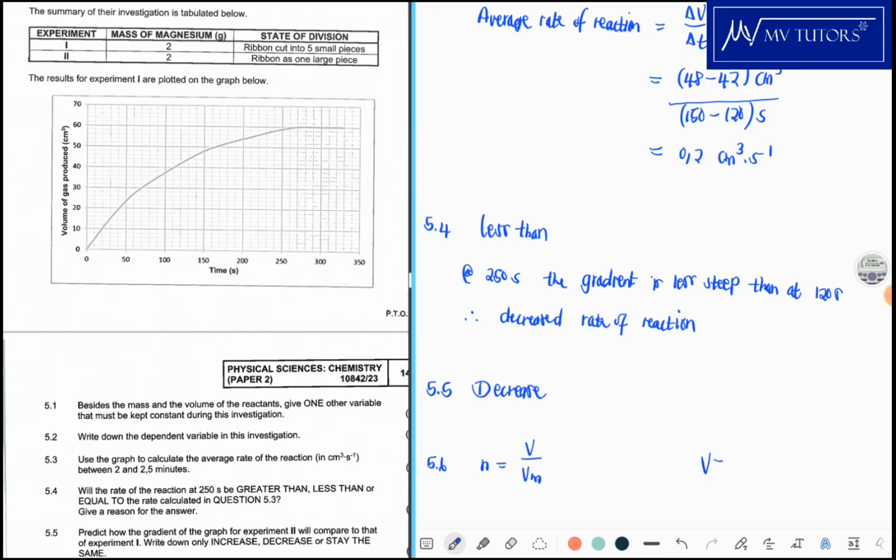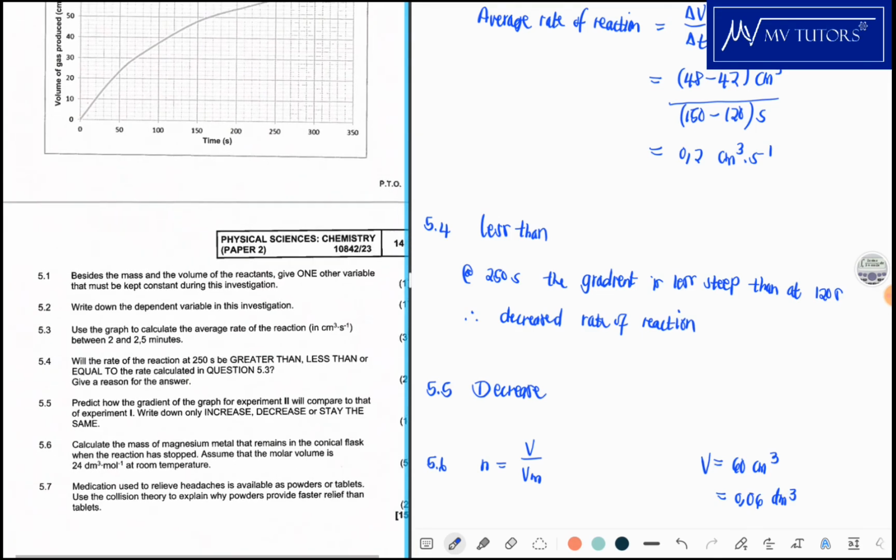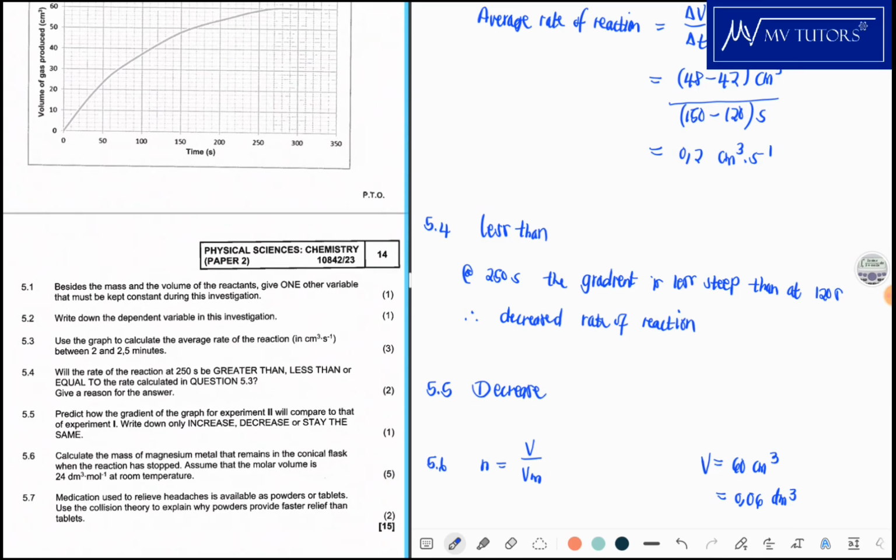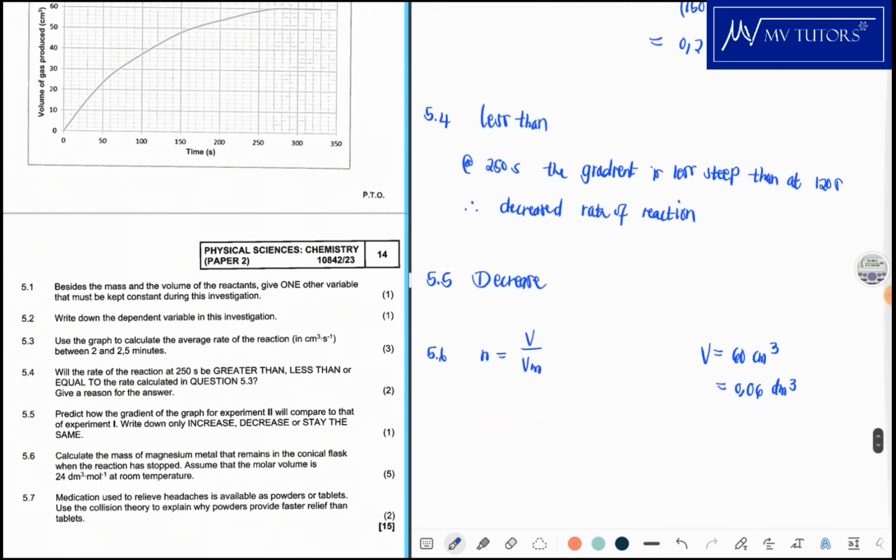If we convert that to cubic decimeters, we will get 0.06, because we divide that by 1,000. All right, and we need to convert it to cubic decimeters because the molar volume is in terms of cubic decimeters per mole. All right, so now we're trying to find the number of moles for hydrogen that is produced.